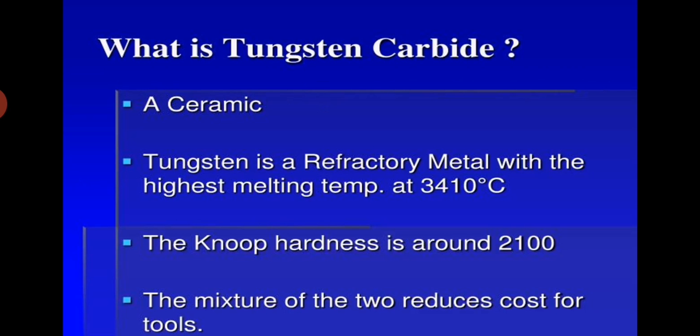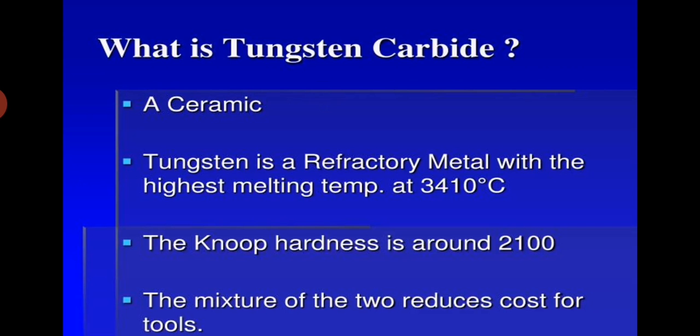So again, what is tungsten carbide? It is a ceramic material, a refractory metal with a very high melting temperature of 3410 degrees Celsius, or in some other cases a different value is mentioned, and the Knoop hardness is around 2100.